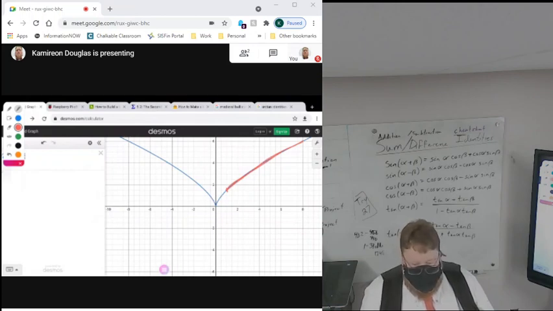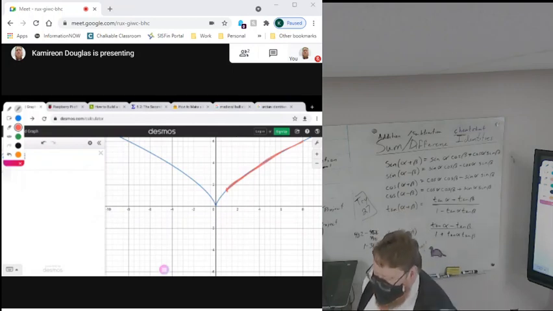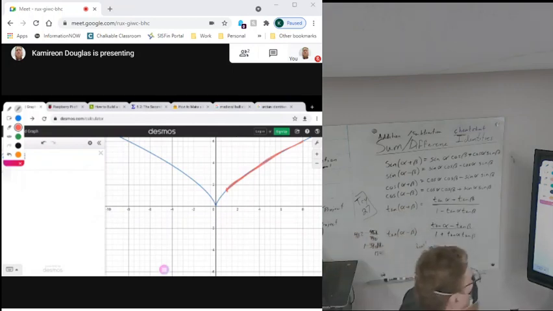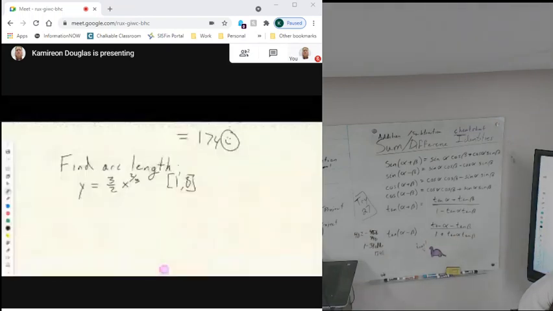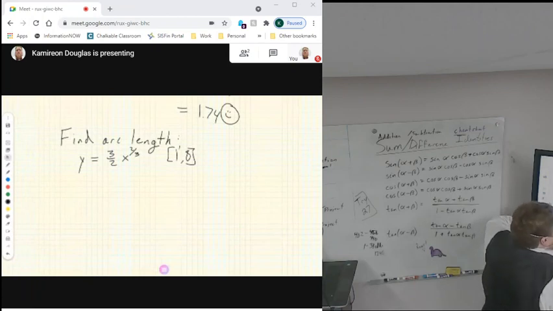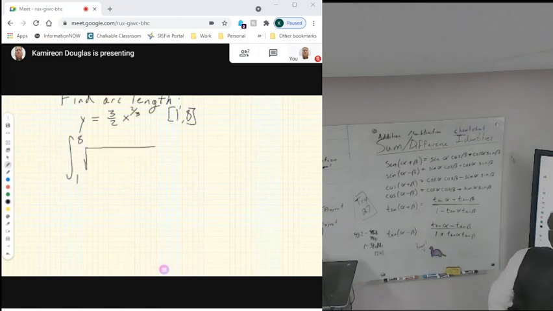I'm going to determine how to find this function by looking at that specific integral, the square root of 1 plus y prime squared. Let's do it. Do the integral of 1 to 8 of the square root of 1 plus the derivative squared.